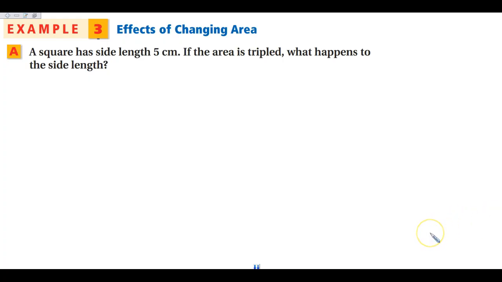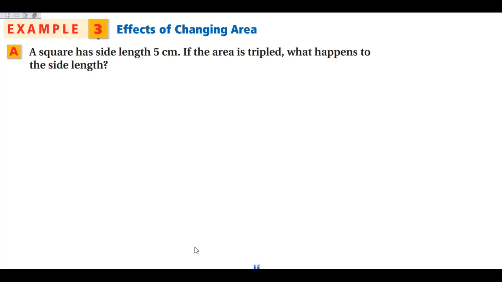All right. So what we're going to do here is take a look at it a little backwards. What happens if I say I tripled my area, what happened to my side length? Sometimes in problems like this, it is actually easier to find the actual areas and find the true information and then compare, whereas in the first ones, it's easier just to plug it into the formula.